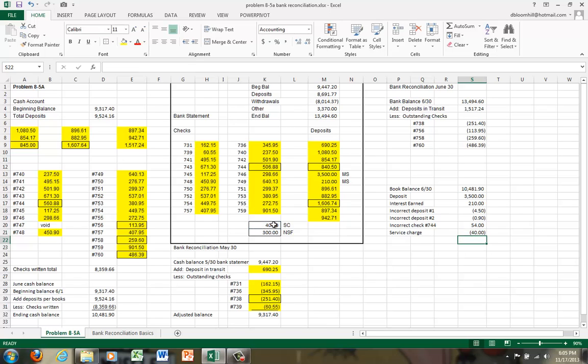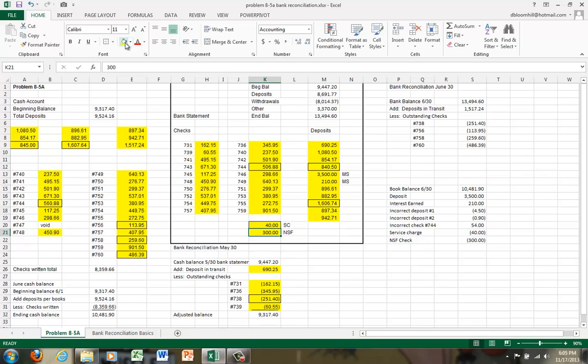And we have our $300 NSF check that we need to subtract because we showed it as a deposit, but it was not a good deposit. So we need to subtract it out of the book balance. So I've taken care of that, and I've taken care of that.